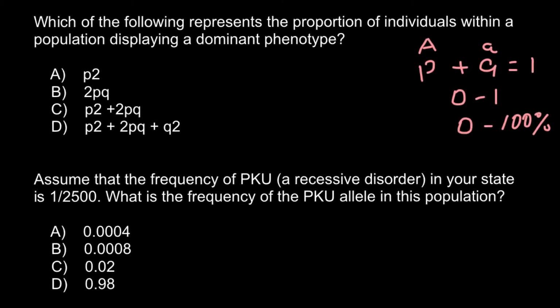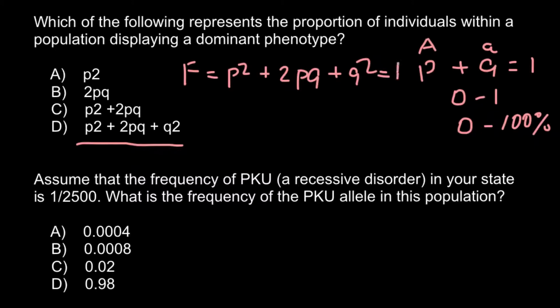According to the Hardy-Weinberg formula, the frequency of the 3 genotypes that can be made by 2 alleles equals p squared plus 2pq plus q squared, and all this equals 1.